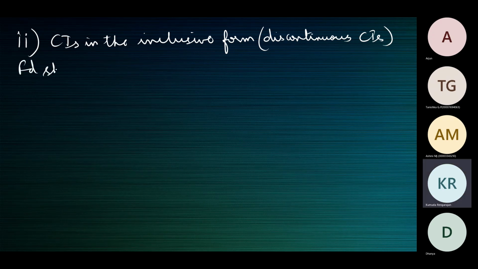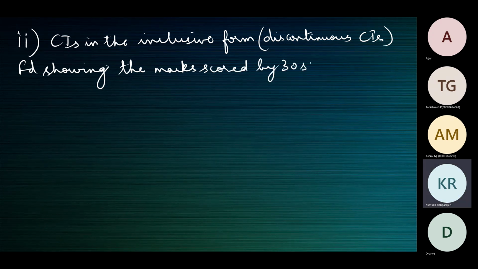Frequency distribution showing the marks scored by 30 students in a class test. This is the heading, the table heading.